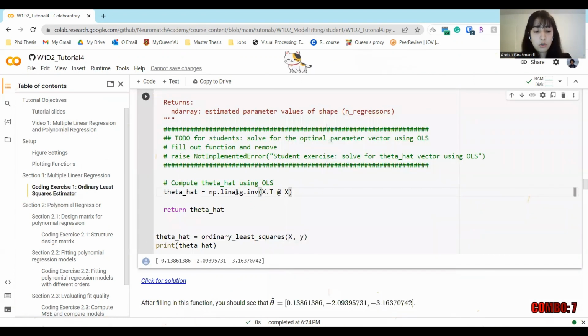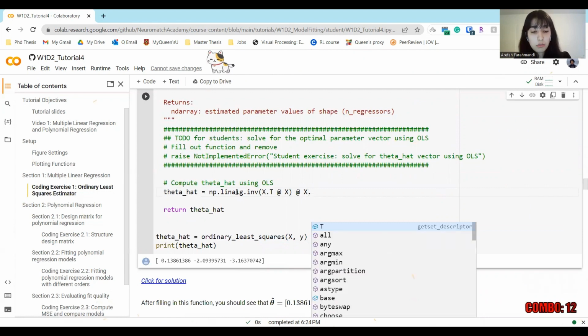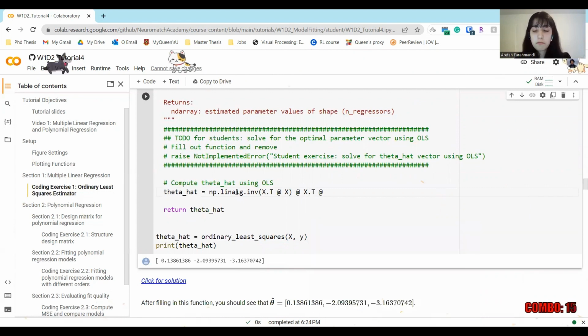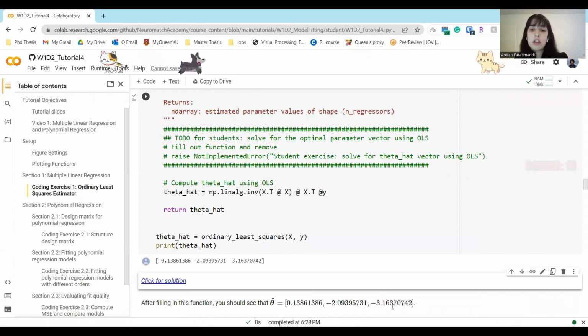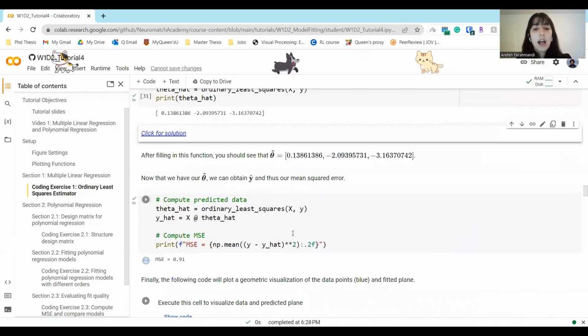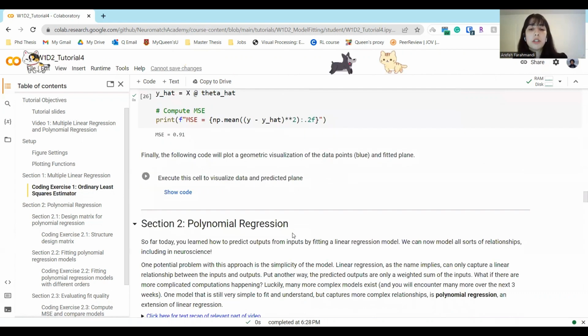After that, it should be multiplied by the transpose of x again, multiplied by y. And we can check the values with the answers here.